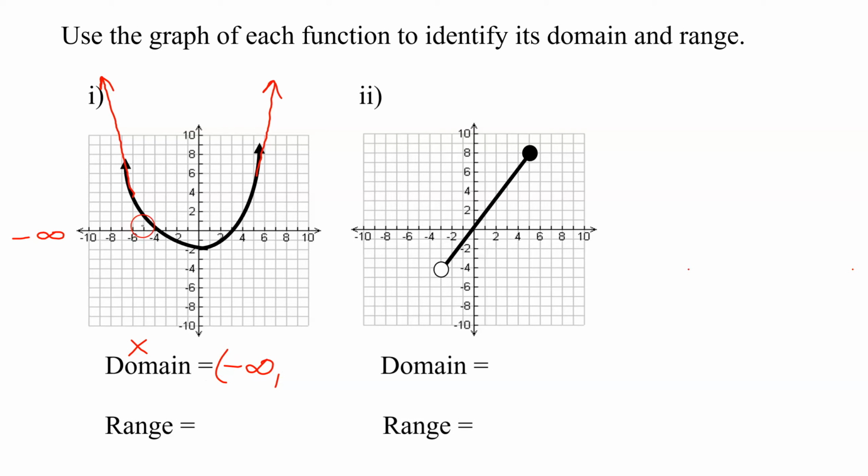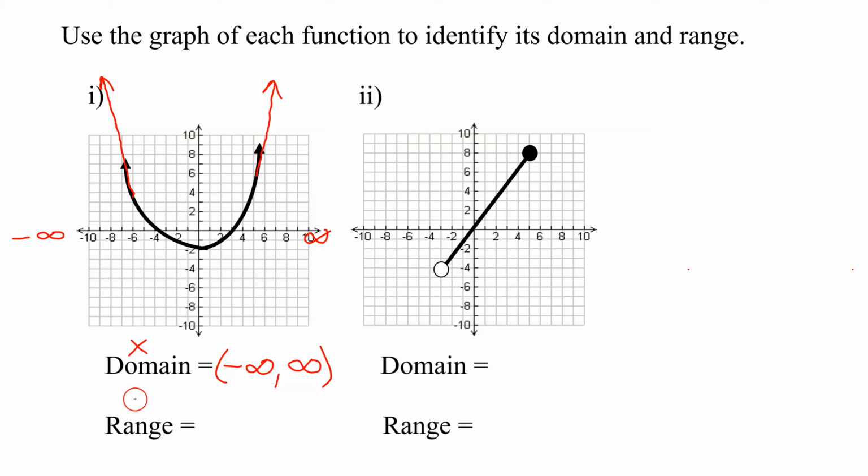And then as my x values come in, I have a graph, and now as x gets bigger and bigger, the graph is going to keep going up and out. So my domain is going to approach, remember in this direction, x approaches positive infinity. So there's no restrictions on the domain. The graph goes from negative infinity to positive infinity in the x direction.